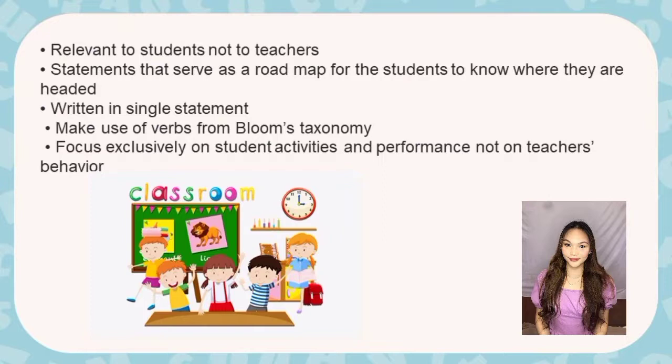Next, they are written in a single statement. It is important that learning objectives are written clearly, briefly, and concisely to avoid redundant words, so students understand them easily. Next, make use of verbs from Bloom's taxonomy. Benjamin Bloom was an American educational psychologist who made contributions to the classification of educational objectives and to the theory of mastery learning.